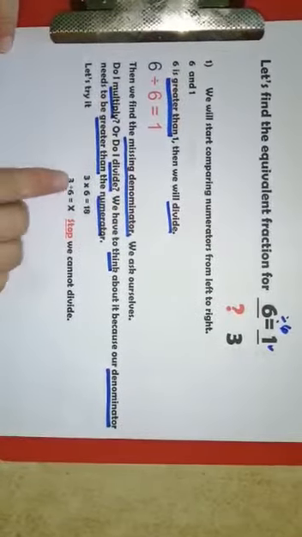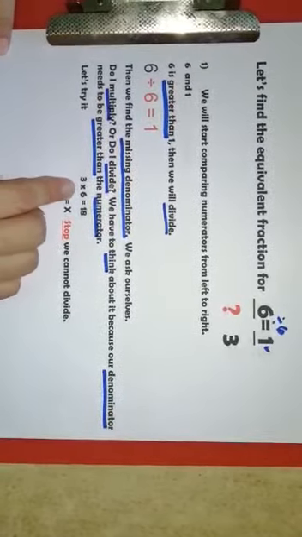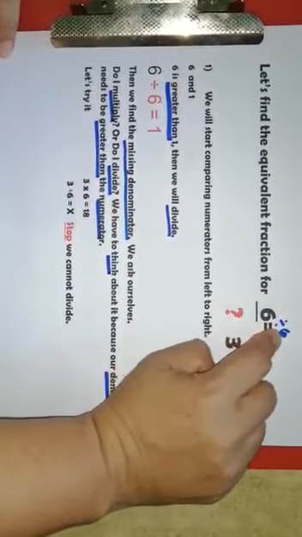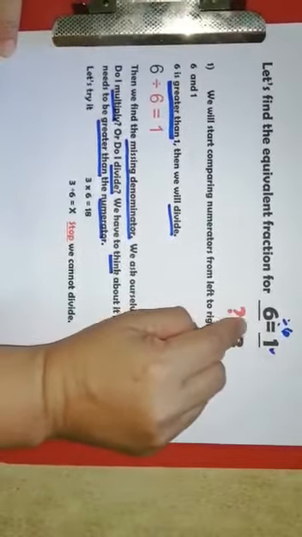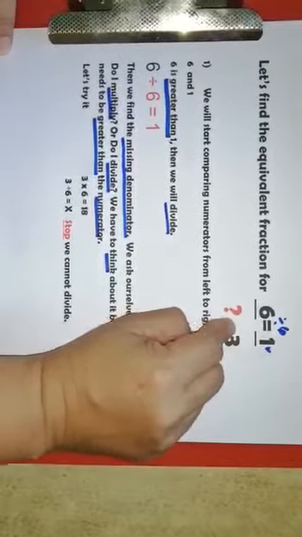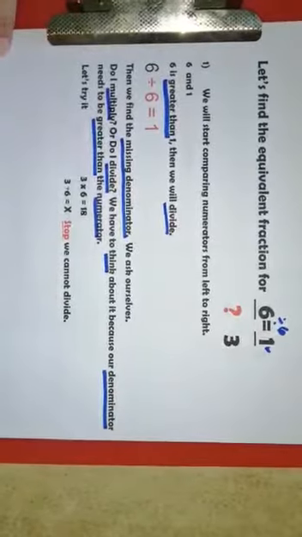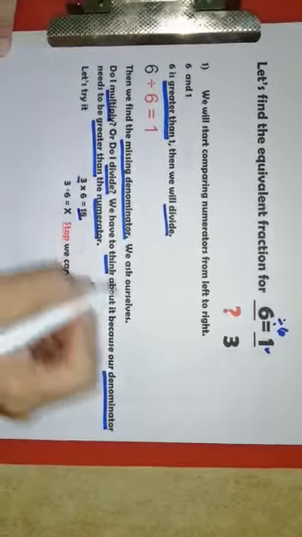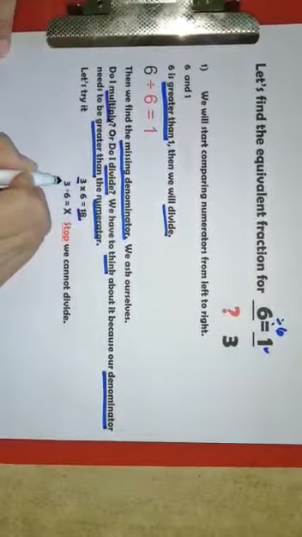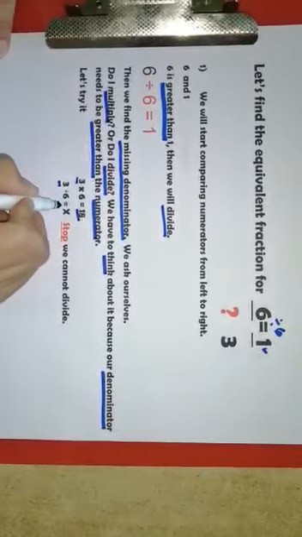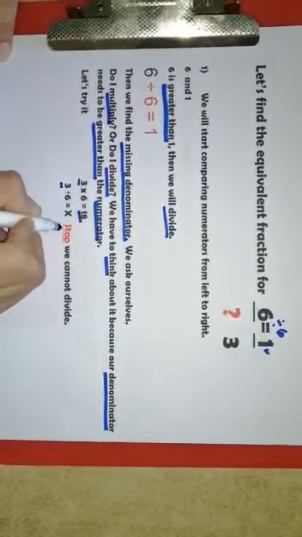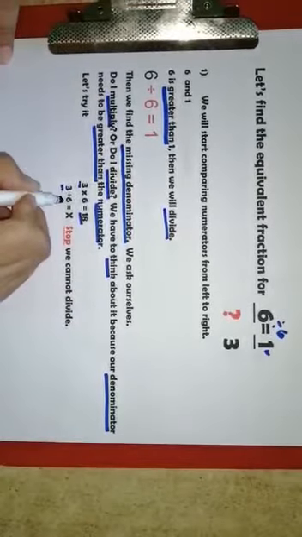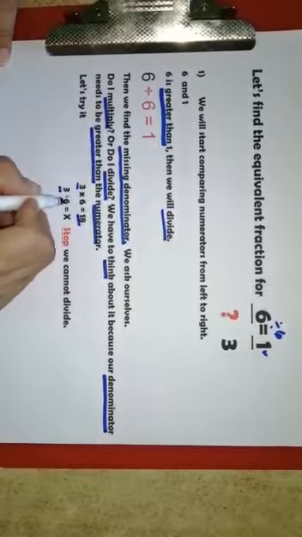Let's write. 3 times 6, remember, we are using the 6 to divide the numerators, and we need to use exactly the same number at the bottom with the denominators. So we say 3 times 6 equals 18, or 3 divided by 6 equals, stop. We cannot divide. We don't have any number that is divisible by 3.